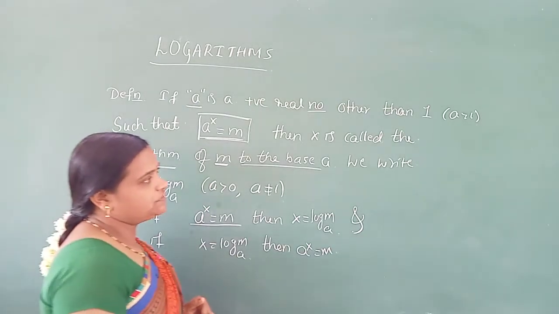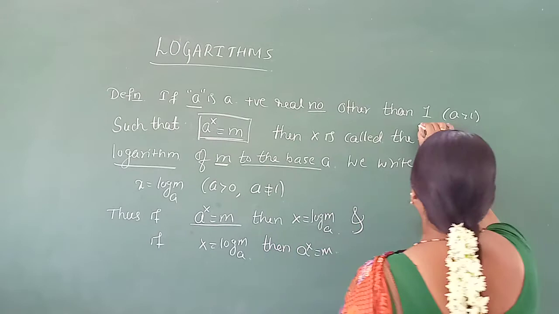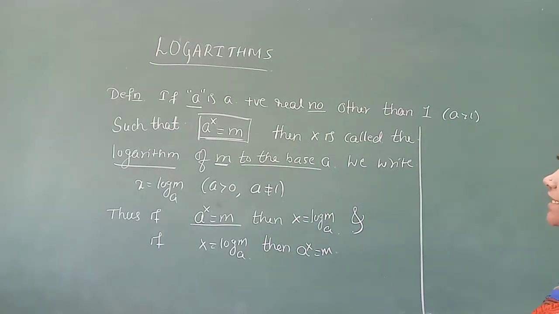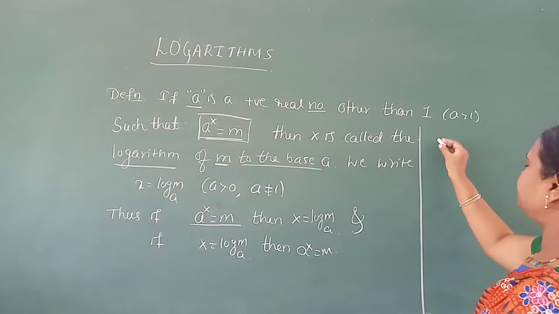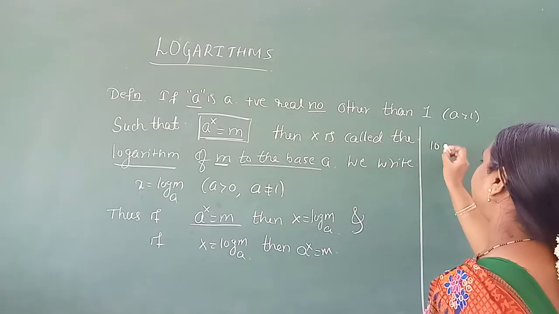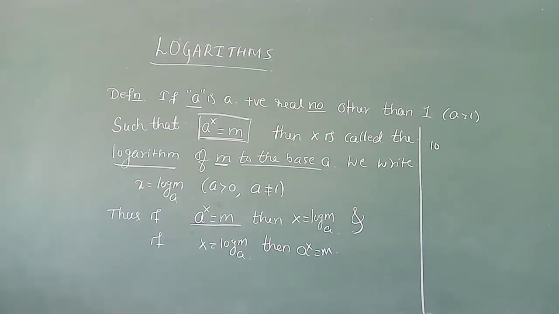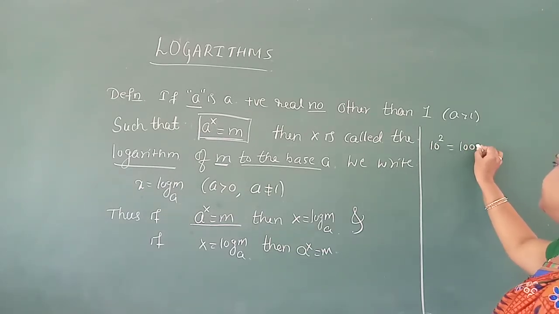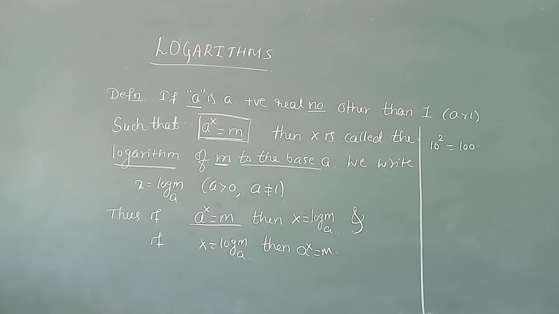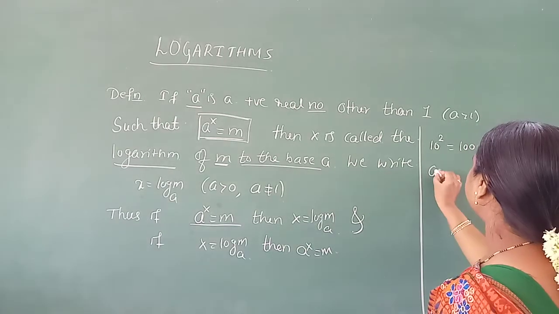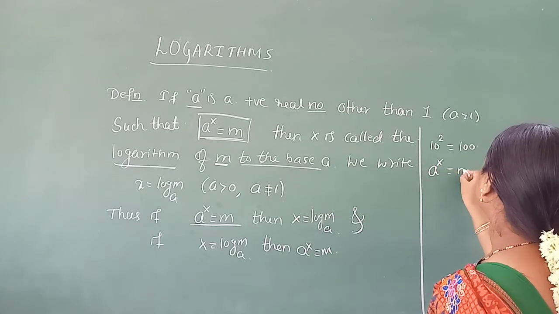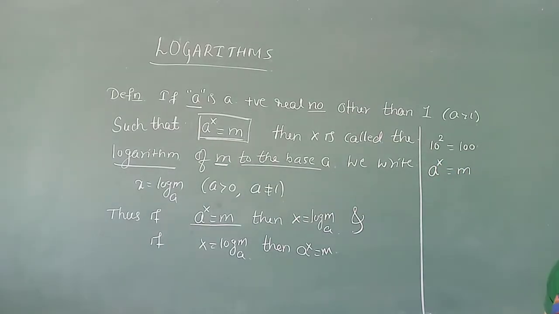By knowing this definition, we will take some examples based on that. For example, I will take 10 to the power 2. Already we know that 10 to the power 2 is 100. Correct? Apply using the definition. This is exactly in the form of a to the power x equal to m.